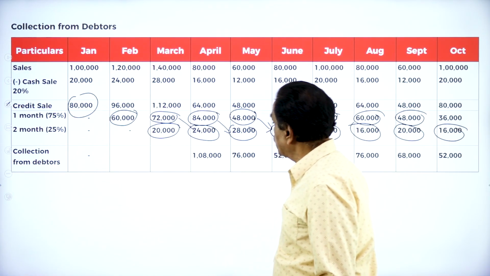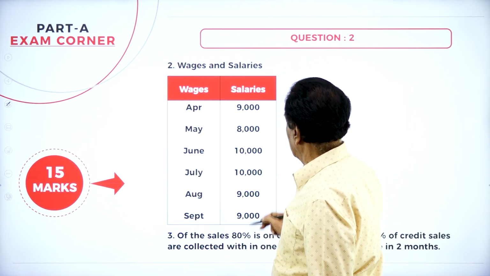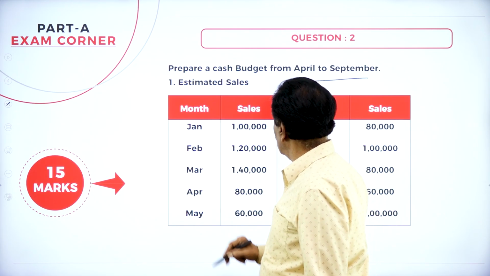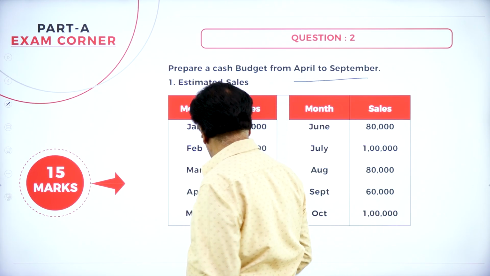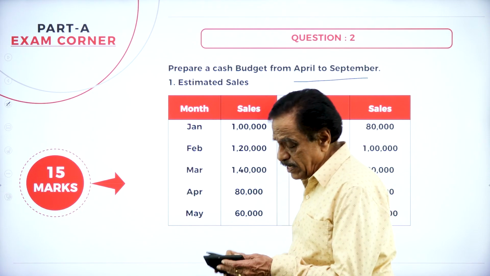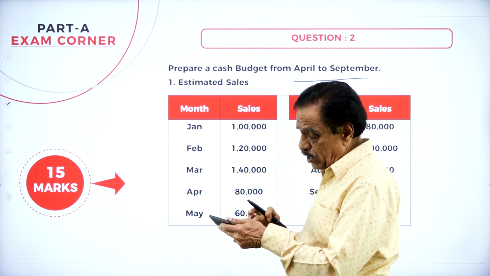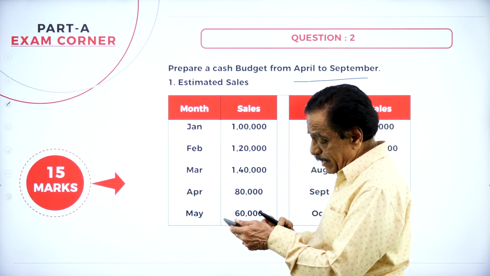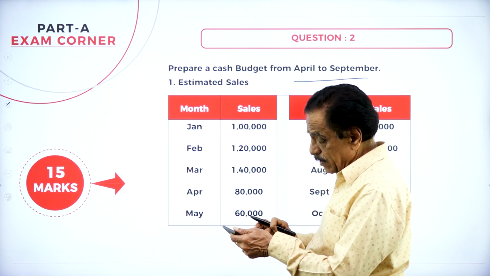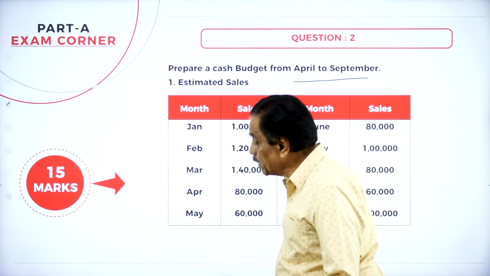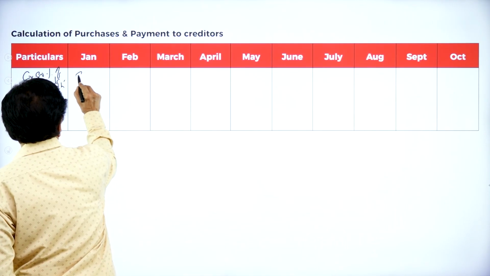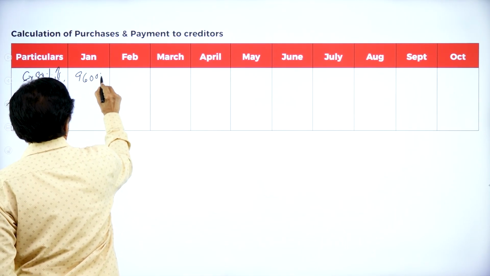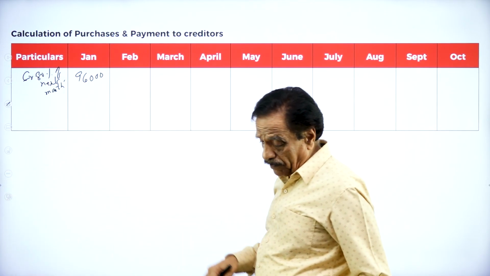So February sale, you got 1,20,000. 80% of that: 1,20,000 into 80 by 100 is 96,000, that goes to January. Then March in February.